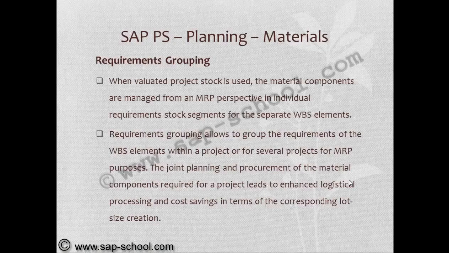Requirements grouping allows us to group the requirements of the WBS elements within a project or for several projects for MRP purposes. The joint planning and procurement of the material components required for a project leads to enhanced logistical processing and cost savings in terms of the corresponding lot size creation.